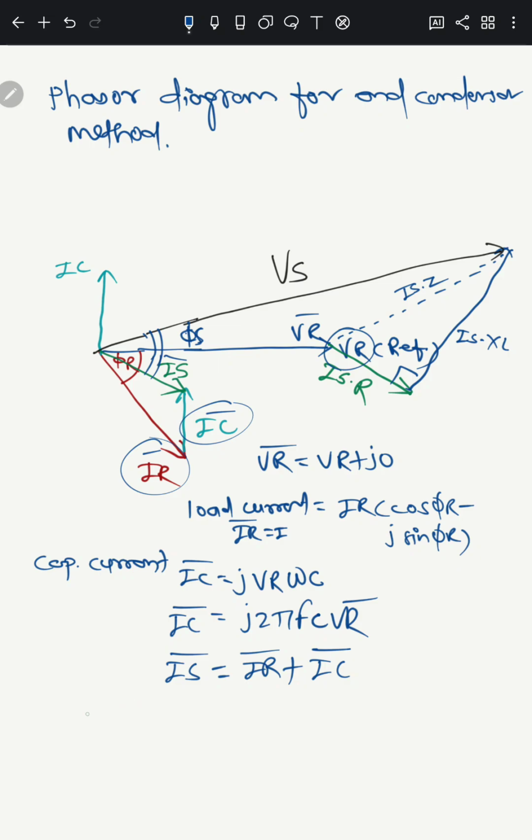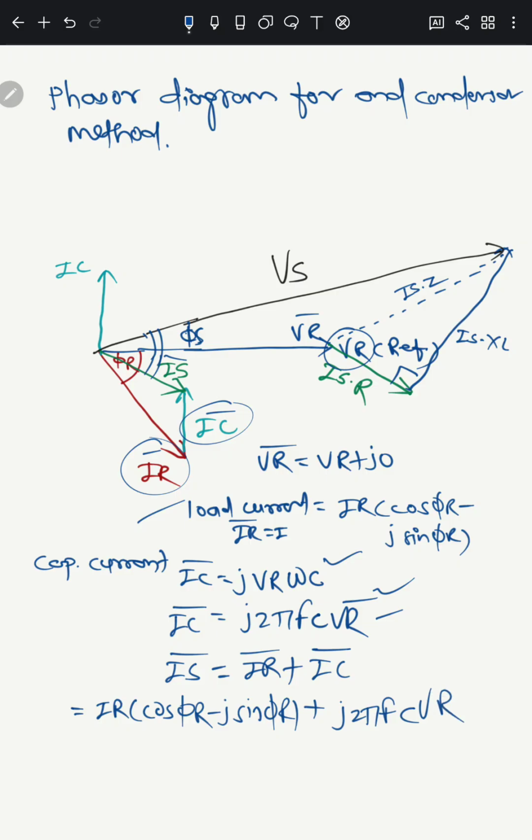Vector IR is already mentioned, so we can write IR cos phi R minus j sin phi R plus IC, where IC is j into 2 pi f C into Vr.